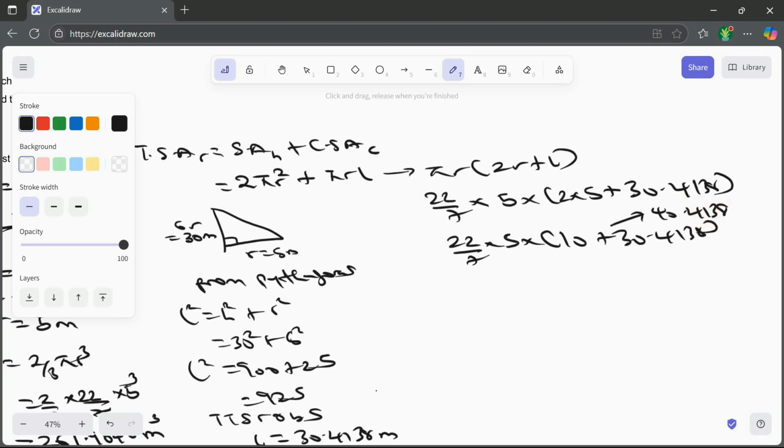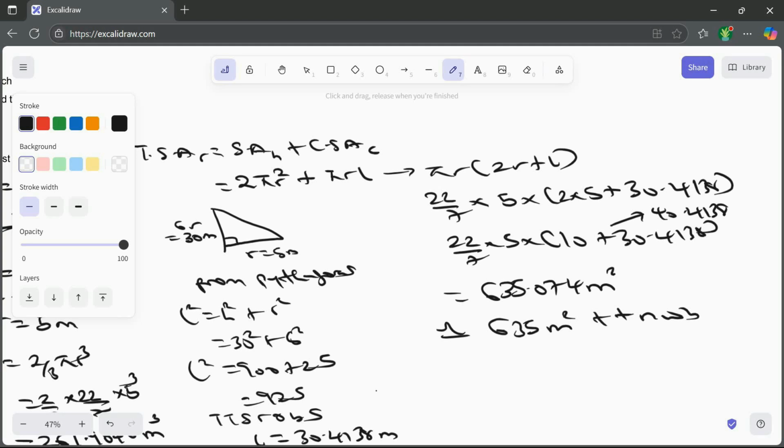So this is 22 times 5 divided by 7 times 40.4138. That will give you 635.074 meters squared. So approximately 635 meters squared to the nearest whole number, because the next number after the whole number is less than 5.